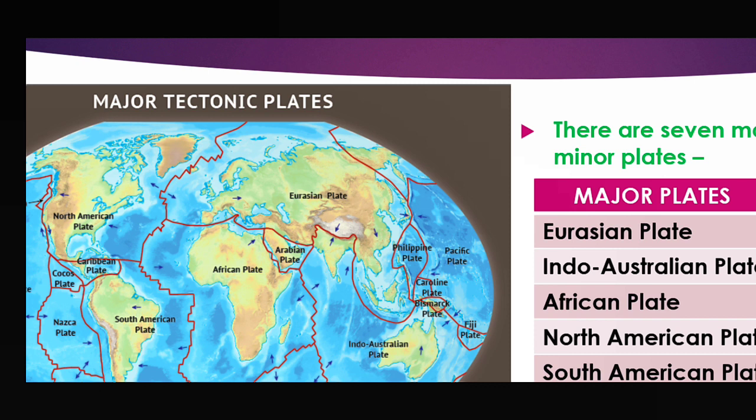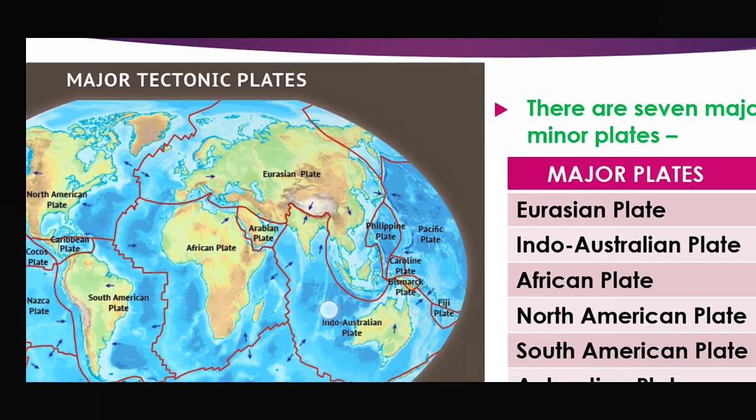India was with whom? Australia. And it was not part of Europe or Asia in the beginning. It was in the southern hemisphere, below the equator. Gradually it shifted towards the north. Then it joined with whom? Asia. So that's why you see India is coming under another name, the Indo-Australian plate.